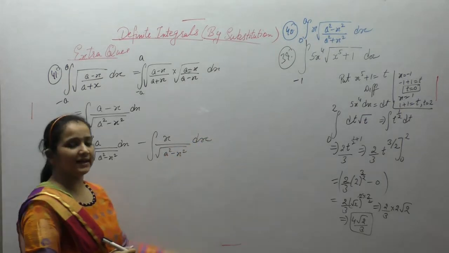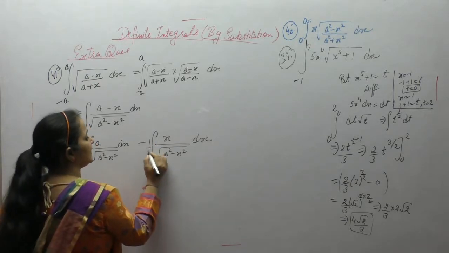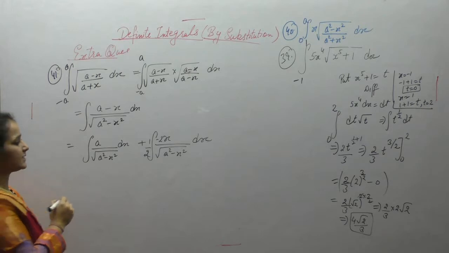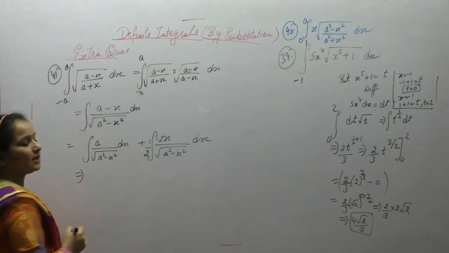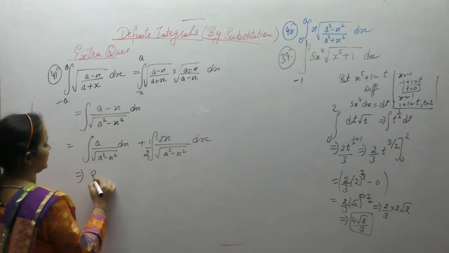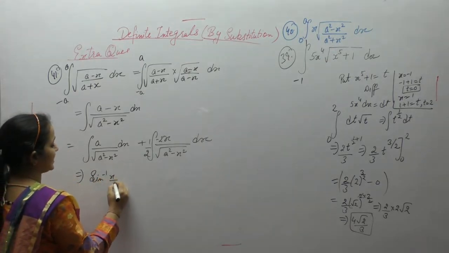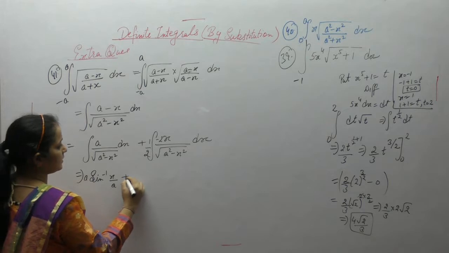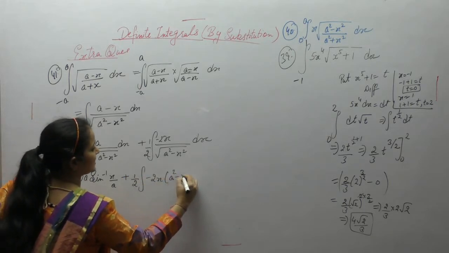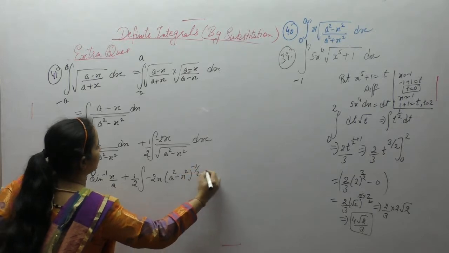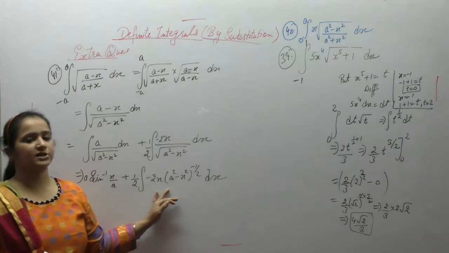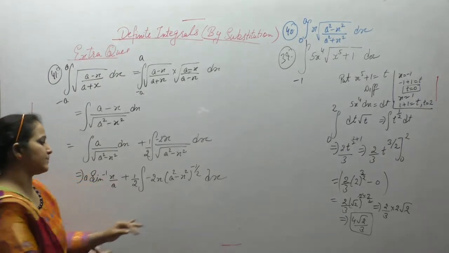Now complete the derivative of this function by multiplying and dividing by 2 and adjusting the negative sign. Integral of 1 upon square root of a square minus x square is sin inverse x upon a. 1 by 2 minus 2x into a square minus x square power minus 1 by 2. This is again of the form f dash x into f of x power n.